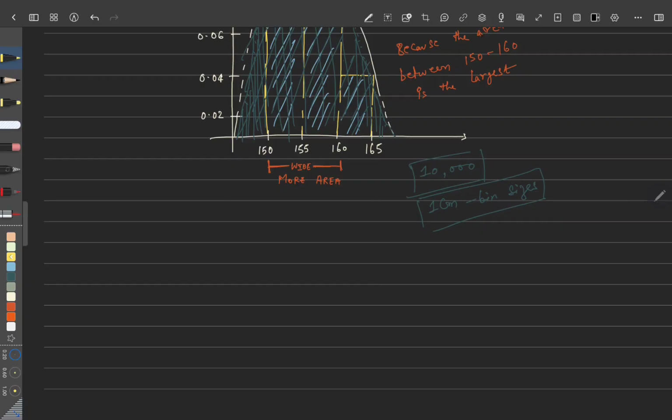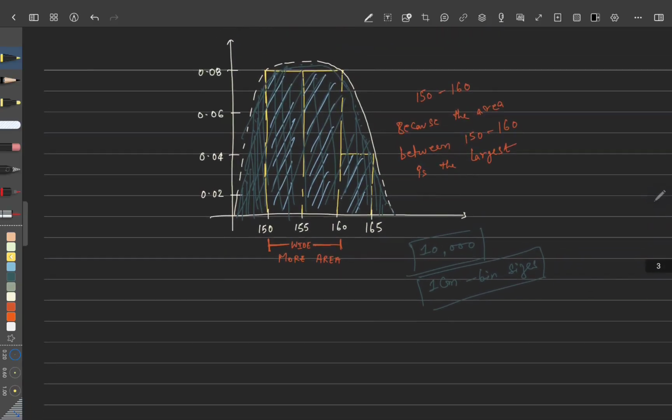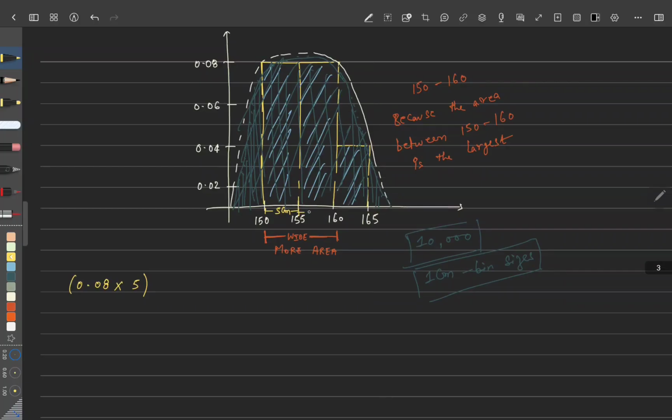So even if you find the total area of this, we have 0.08 times 5, which is the bin length. The bin length is the same, 5 centimeter. And that is how you would find the area.